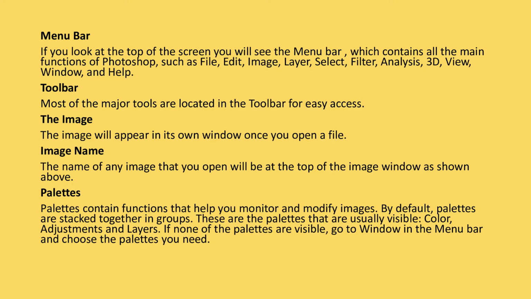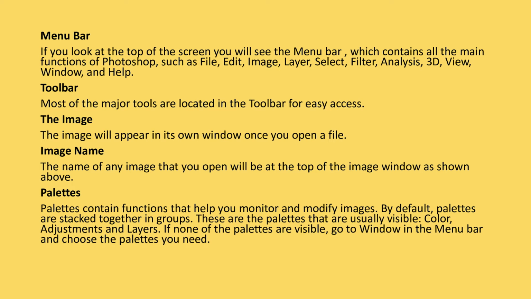The first one is the image. The image will appear in its own window once you open a file. Image name. The name of any image that you open will be at the top of the image window as shown above. Next is palette. Palettes contain functions that help you monitor and modify images.